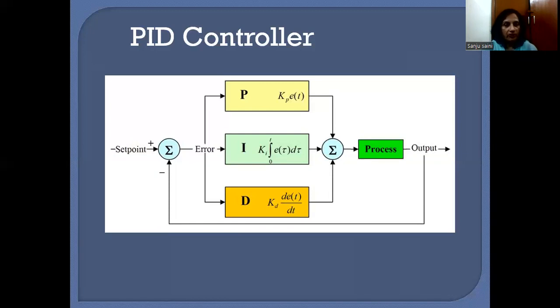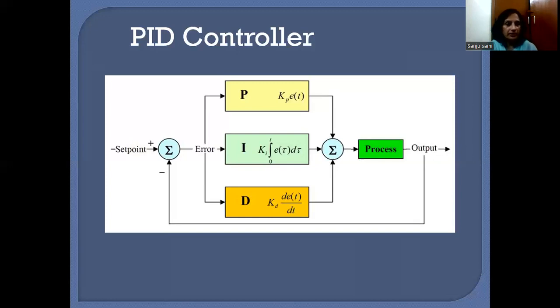If we talk about the steady state error, then both proportional as well as derivative control will not be able to avoid the steady state error. So in order to make the steady state error as minimum as possible, we have to use the integral control, whose control action is proportional to the integral of the error.